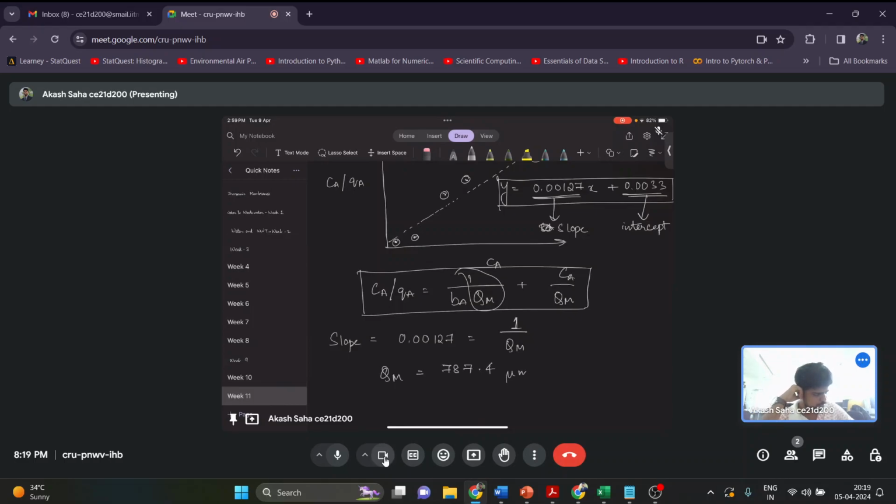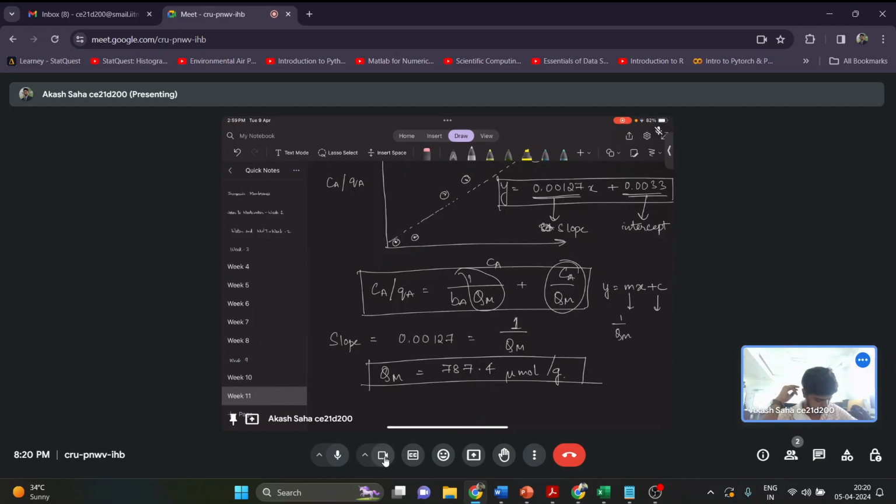787.4 micromolar per gram. So this is my first parameter, directly from the slope we can get it. Okay, this is nothing but y equal to mx plus c. My m value is 1 by Qm. The c value we can directly get from the intercept.